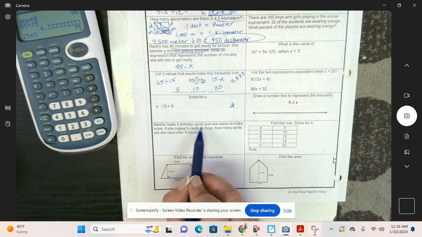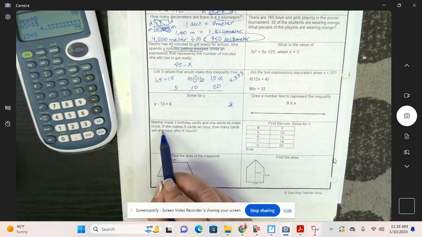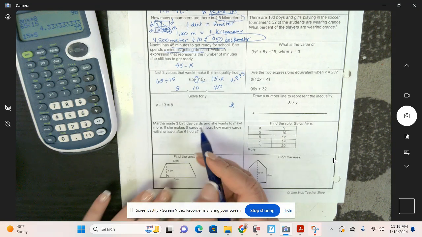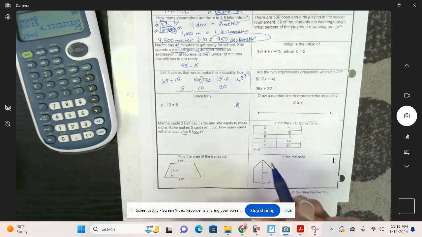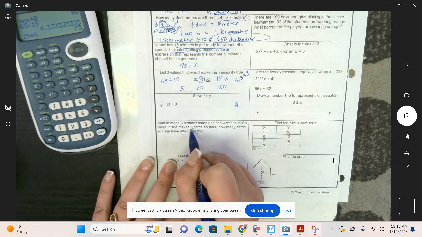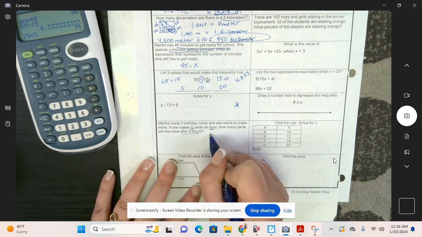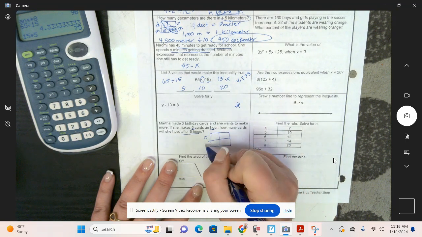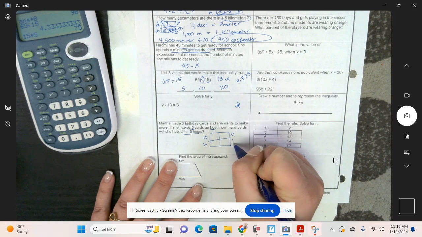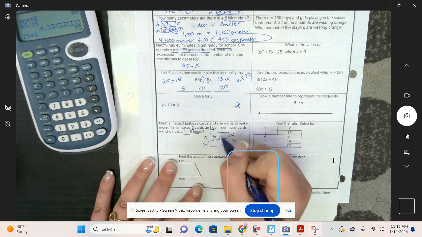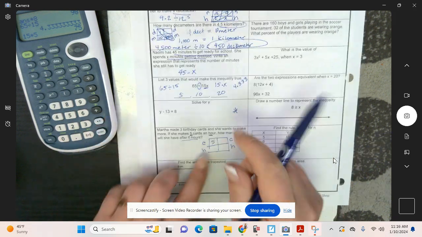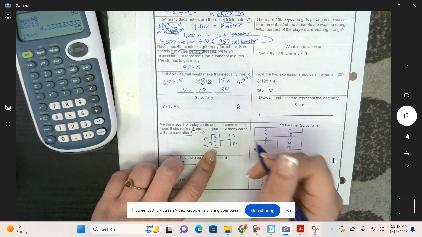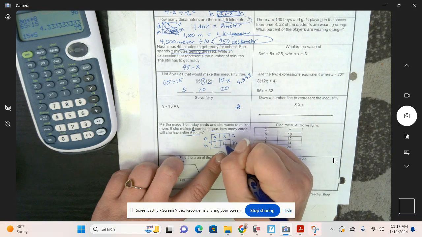If she makes 5 cards an hour, we do a ratio box here because we're comparing two units of measure, cards and hours. If she can make 5 cards in 1 hour, then how many cards can she make in 6 hours?